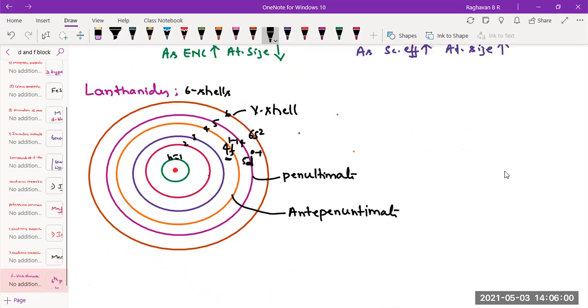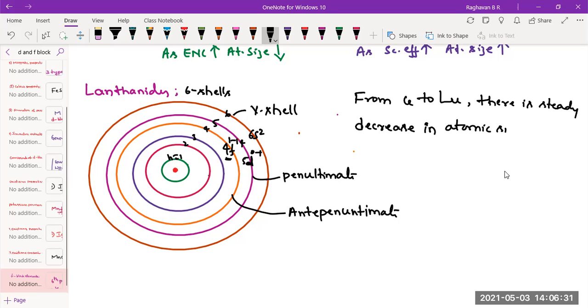But actually, what is happening in lanthanides is that from cerium to lutetium there is a steady decrease in atomic size. This is called lanthanide contraction.